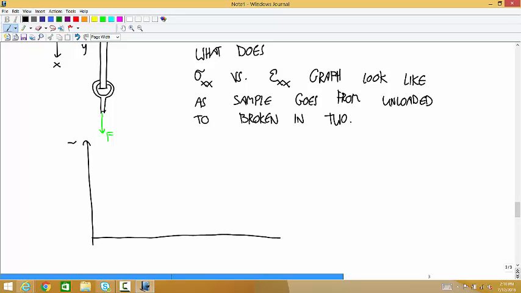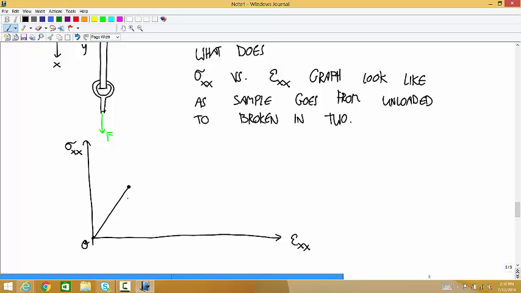So we'll put the engineering stress on the y-axis and the engineering strain on the x-axis. And the graph starts out like this. So the first part is really boring. Here's the origin.